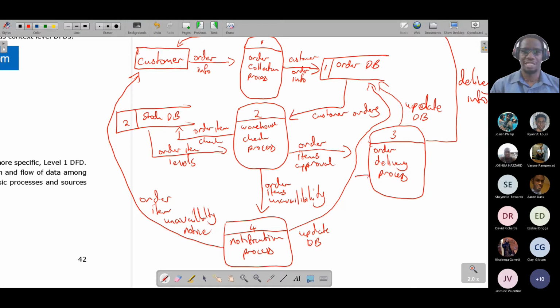I don't want to really cross lines, but I guess I have no choice but to cross lines. Right? So you'll update both your stock database and your order database, right? Update database information. Okay, so what goes on here?